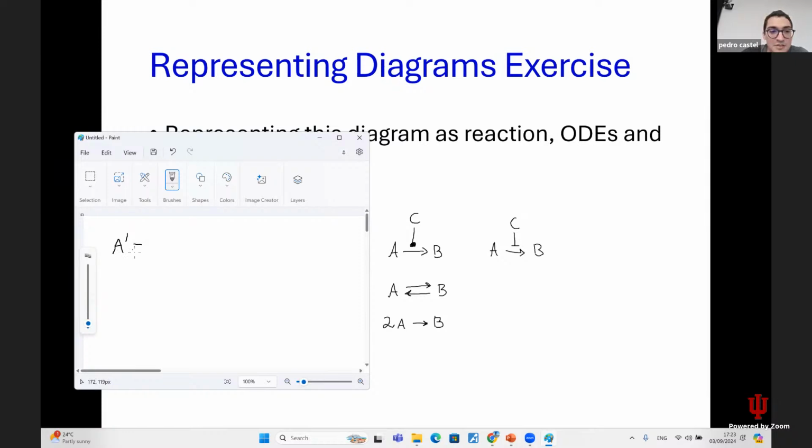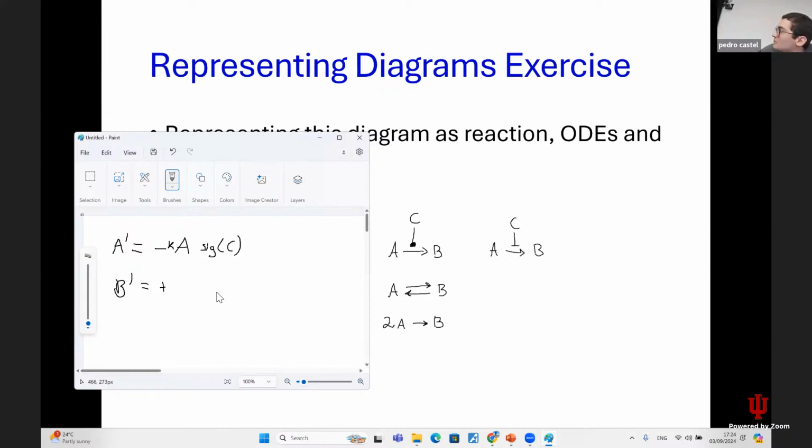So A prime is minus A times K times a sigmoidal function of C. So Niraj's dB/dt is K A C over 1 plus C, correct. And then B is the same thing, but with a plus sign. Perfect, you both got it right.